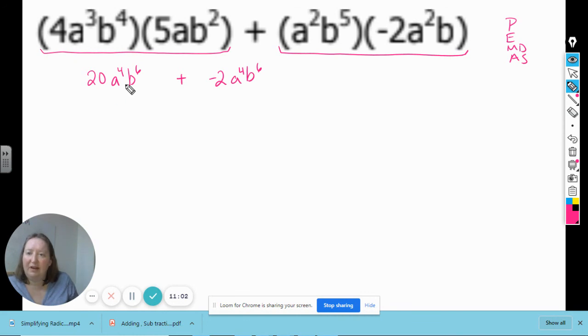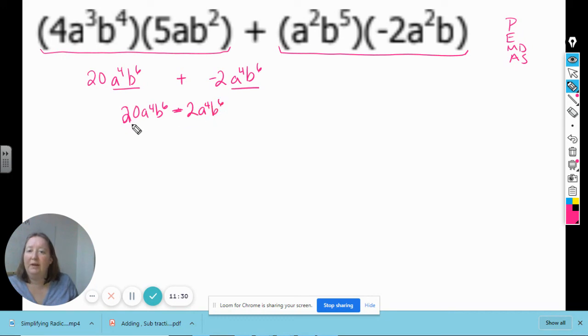Okay, now's the time. You look at, are these the same variables to the same powers? Exactly. It has to be exact replicas of each other, okay? Then I can go ahead and do some more math. I can add, but I'm adding a negative. So really what I'm doing is 20a to the fourth, b to the sixth, minus 2 a to the fourth, b to the sixth.